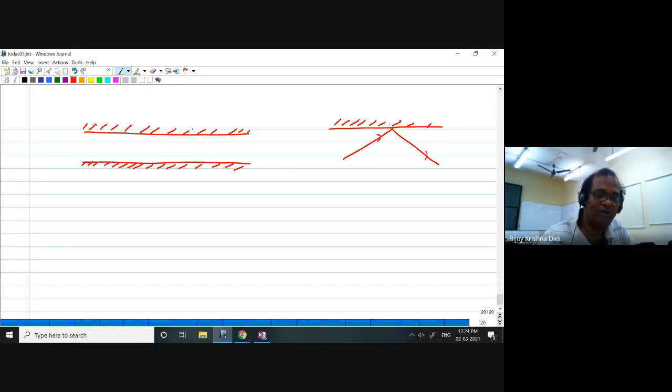But normally there will be some kind of penetration depth inside the metal. This is a metal block, right? Penetration, that is called skin depth. So that field will be decaying in nature. And if instead of metal it is a second medium with a dielectric constant, and the angle is greater than the critical angle, then that also will be reflected, and there too the field decays slowly.